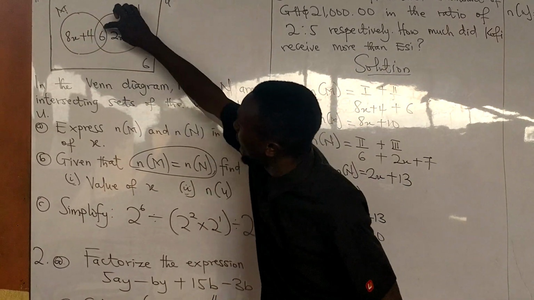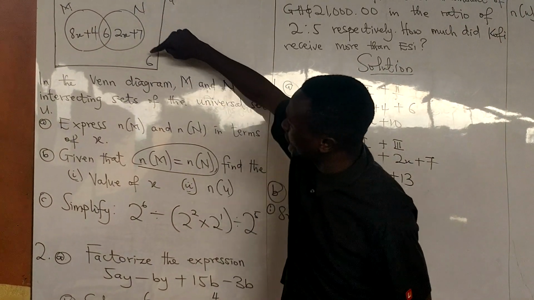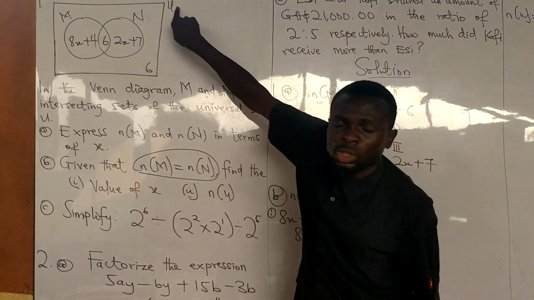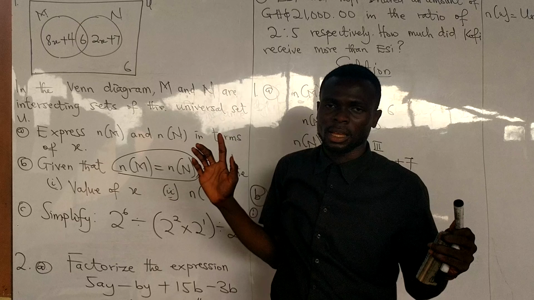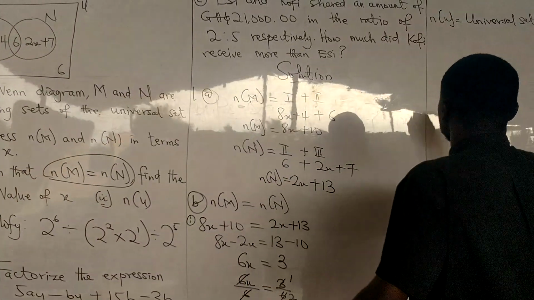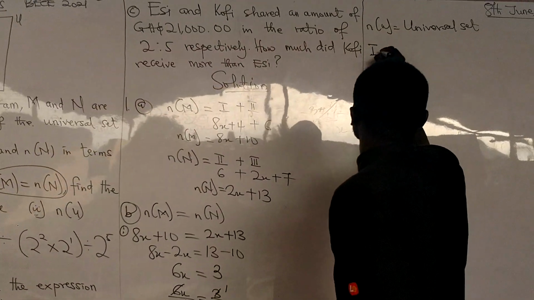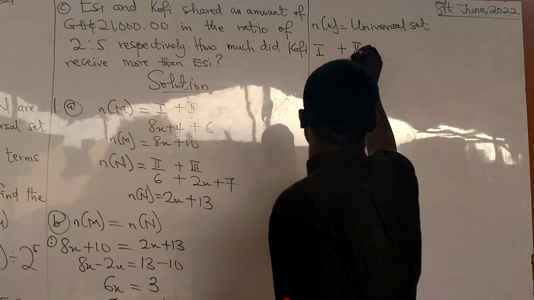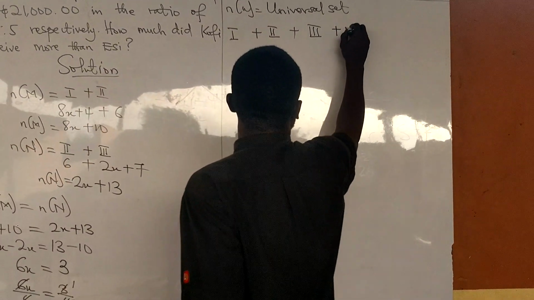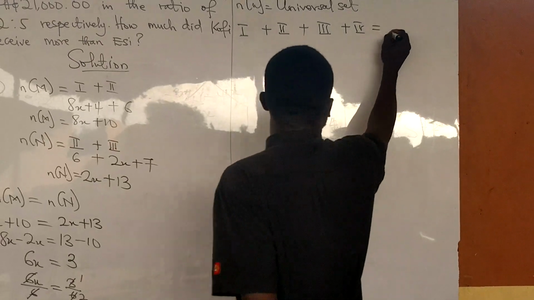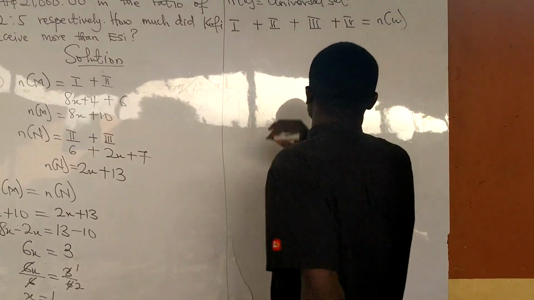So this plus this plus this plus this is equal to the universal set. And that is going to be your answer. So let's write it out. Region I plus region II plus region III plus region IV is going to give you your universal set.